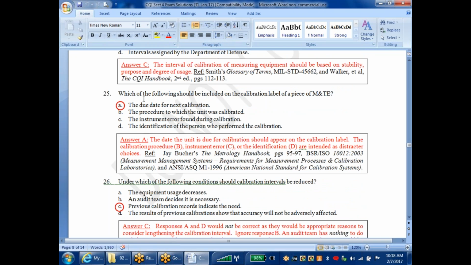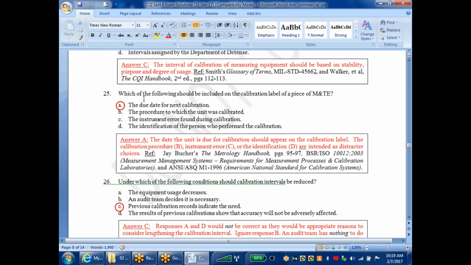25, which of the following should be included on the calibration label of a piece of M&TE, measuring and test equipment? B, C, and D are just put here as distractions. You don't put a procedure or even a procedure number on the unit, and you don't identify the measurement error, the instrument error, or the identification of the person who performed the calibration.